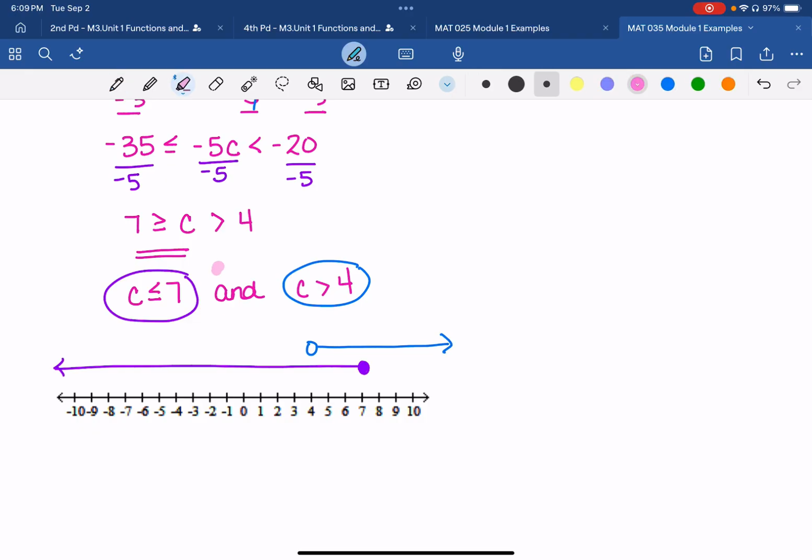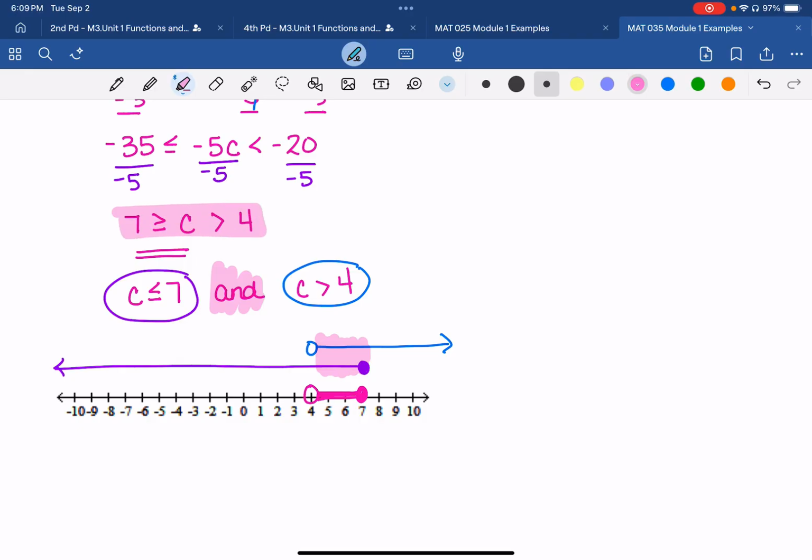And so if we're looking for this value that overlaps, we're looking right there. And so what happens for my solution is you can see it ends up being all these values between 4 and 7, just like you can see here in our solution.